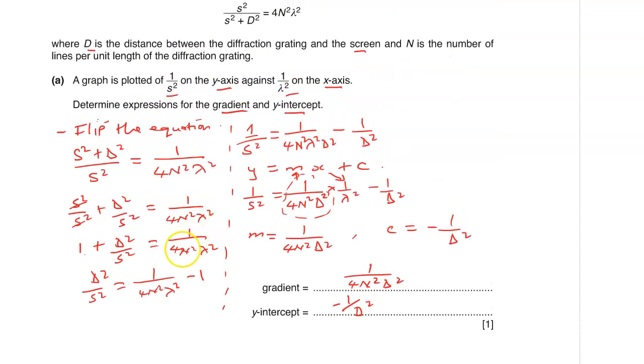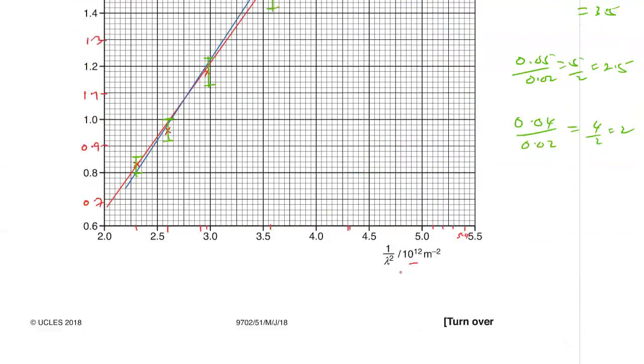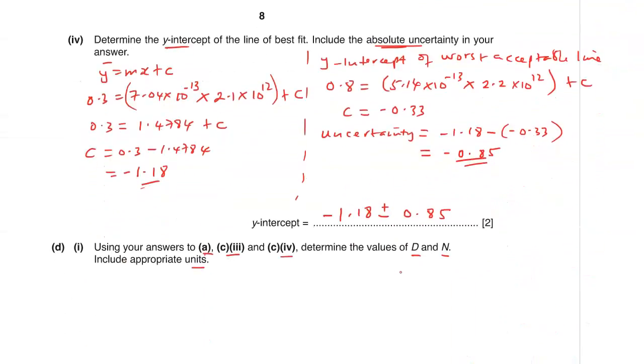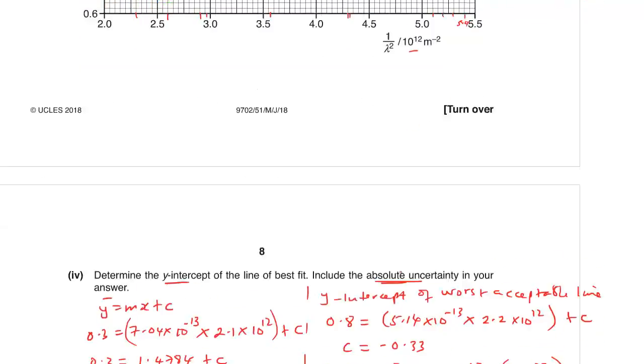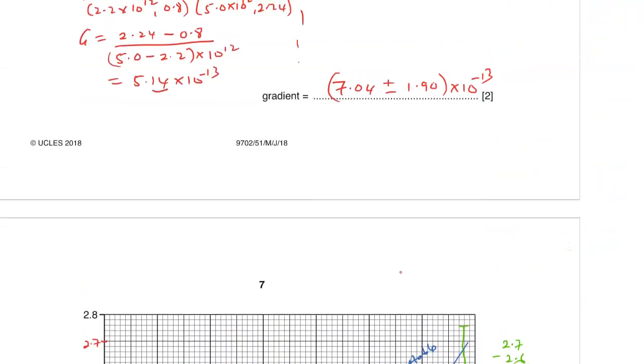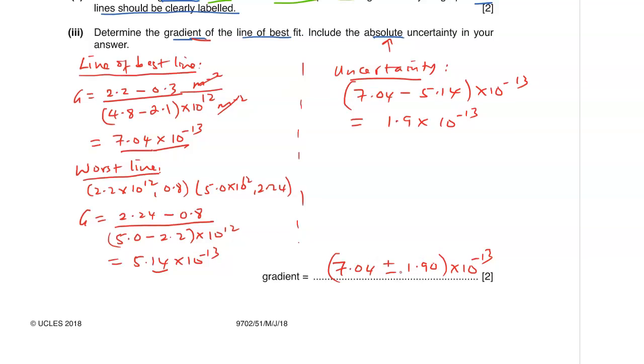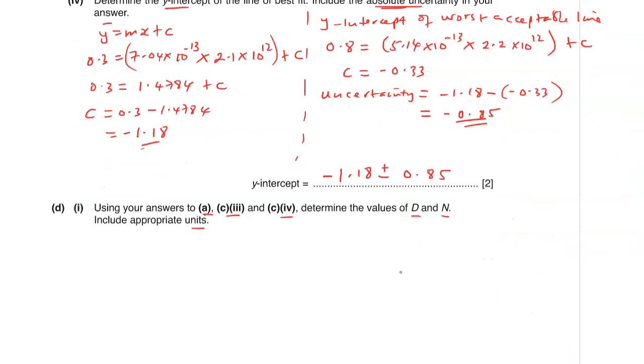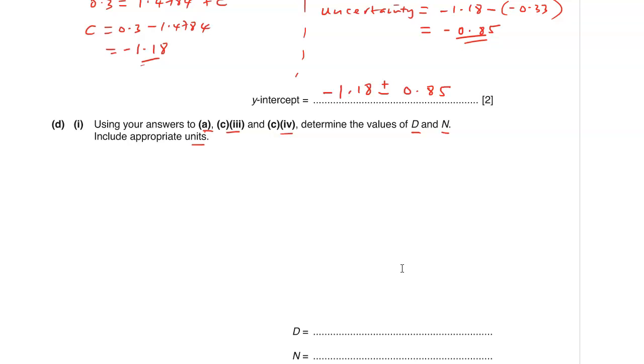We're going to use the y-intercept here to find the value of D. We have found the y-intercept is that. In part 3 we found the gradient, and in part 4 we found the y-intercept. So let's find D. We say that the y-intercept c equals minus 1 over D squared.